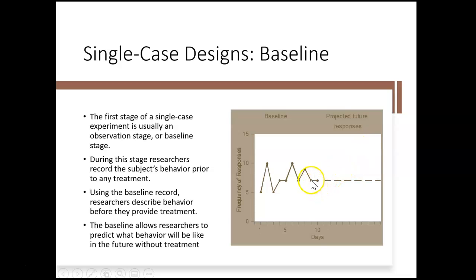What do you think is going to be the impact of adding the intervention? And then later down the road, what's the impact of taking the intervention away afterwards? So at baseline, you're recording the number of responses, say inappropriate verbal outbursts. And then you're going to have a hypothesis. The dotted lines, you haven't recorded that yet. You're going to guess, and then you're going to make comparisons between what you actually see and what you hypothesized.